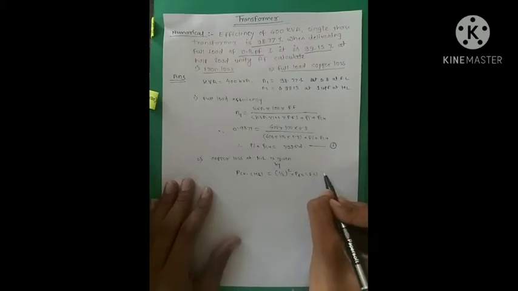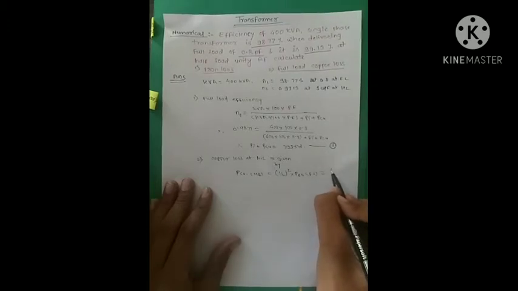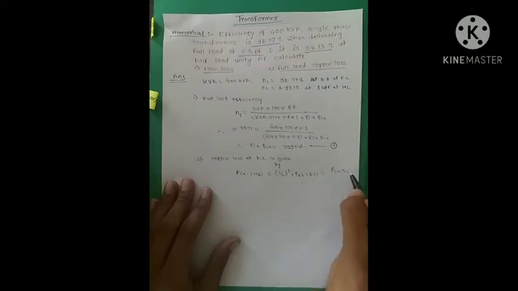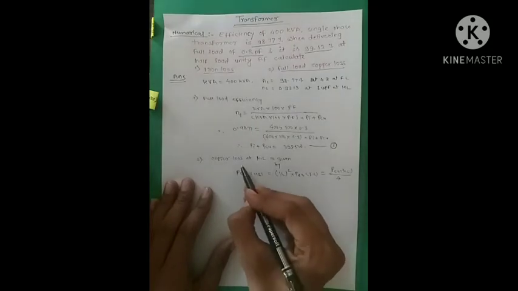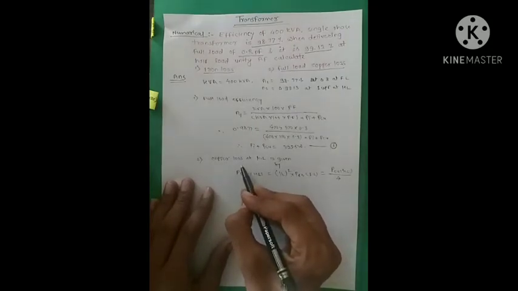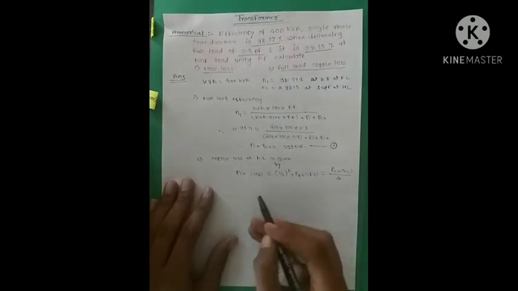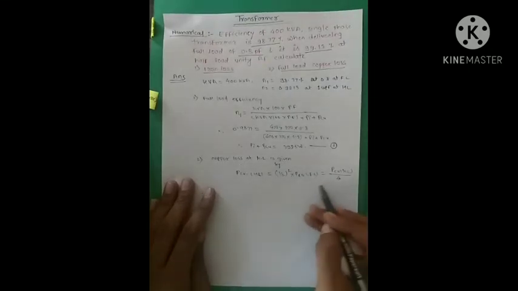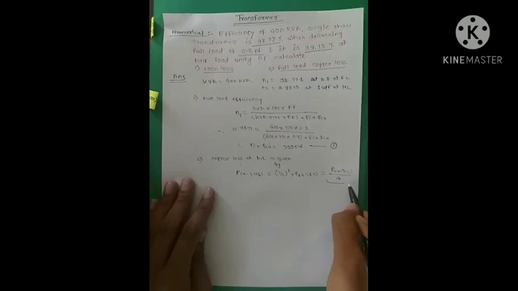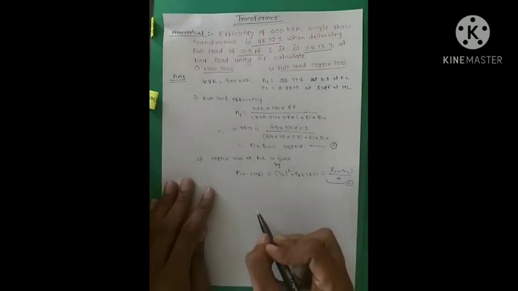That is, rearranging this term, we get PCU at half load divided by 4. Give this as equation number 2.